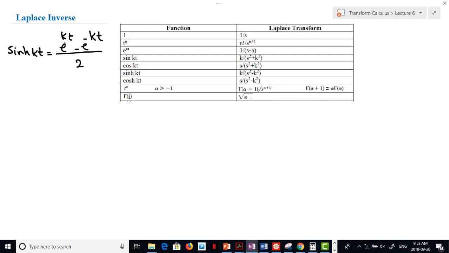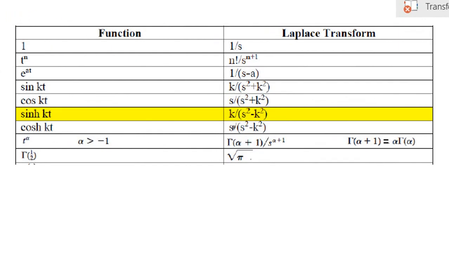And you know how to find Laplace transform of e to the power of kt and e to the power of minus kt. As a result, it's very easy to find it. Laplace transform of sine hyperbolic kt is k over s squared minus k squared. Cosine hyperbolic kt is s over s squared minus k squared. We talk about t to the power of alpha, so we use gamma function to find Laplace transform, and that's it.